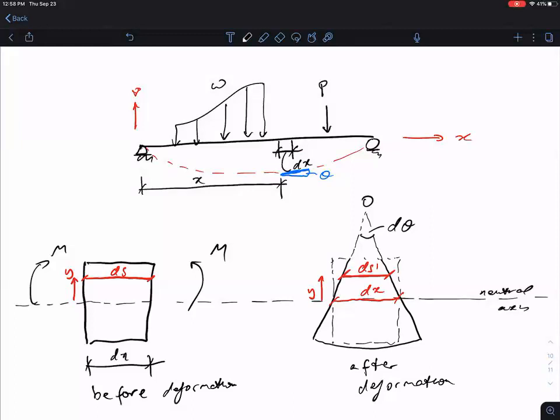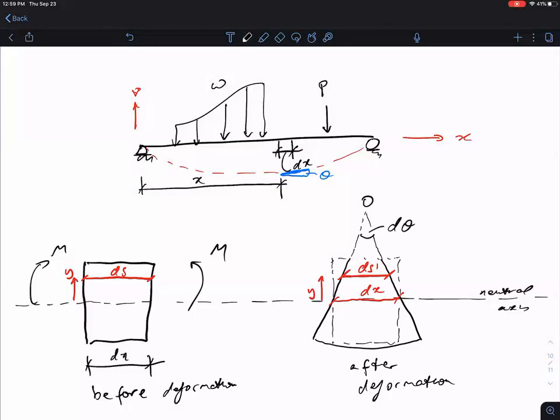Now, we should keep in mind that any arc that's not at the neutral axis is going to be subjected to axial strain, right? So the length of that arc is going to change, right? So in this case, we're focused on ds, but any arc that's, again, not aligned with the neutral axis is going to be subjected to some strain.